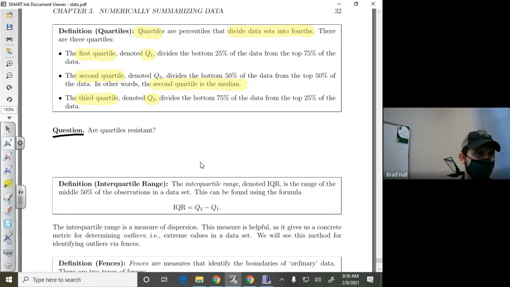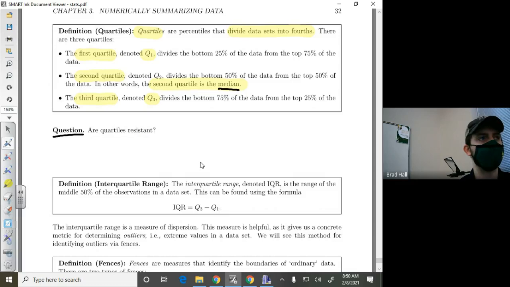So your definition of resistant is correct. If you're not resistant, then an extreme value will really screw up your data. If you are resistant, then an extreme data value will not mess up your data. So remember, one of the quartiles is the median.